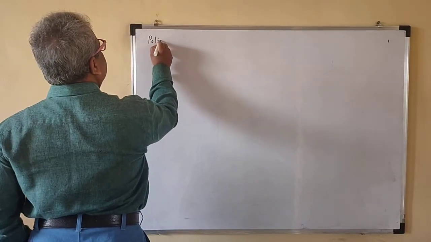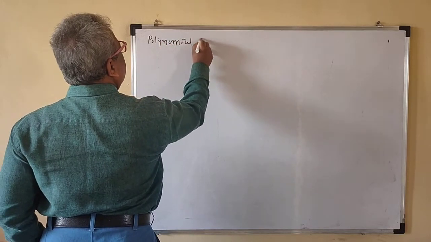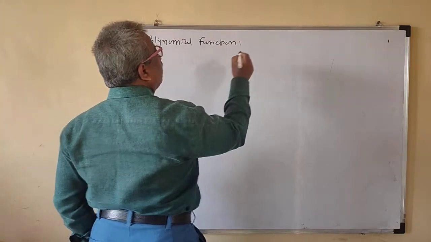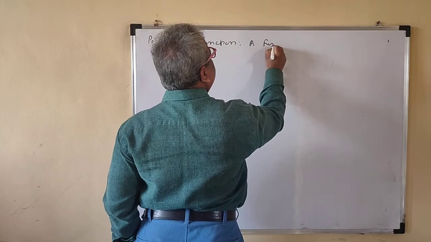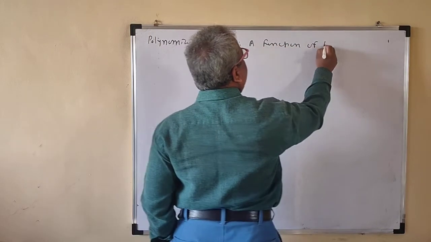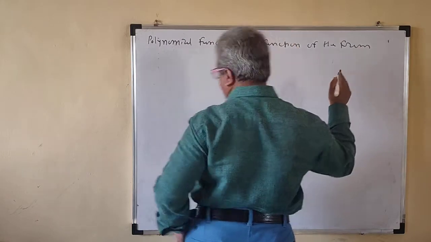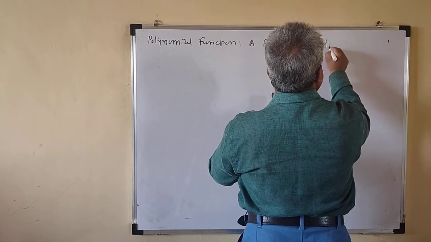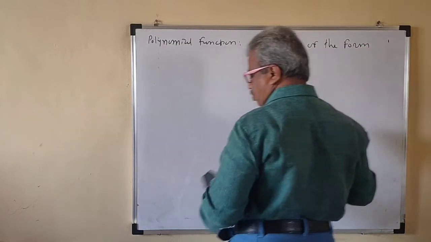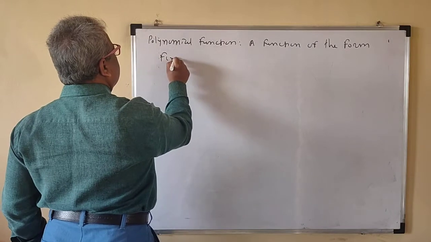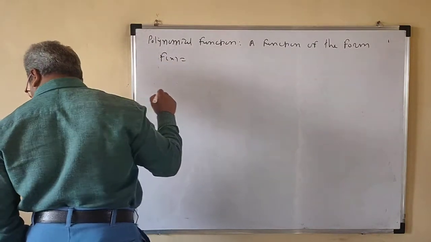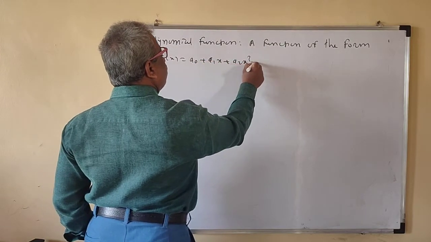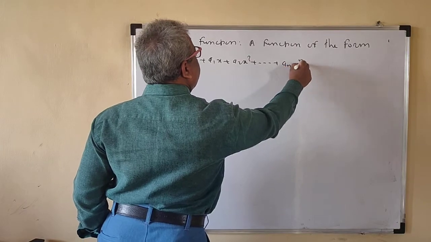Polynomial function. A function of the form f(x) is equal to a naught plus a1 x plus a2 x square, and so on, plus an x to the power n.